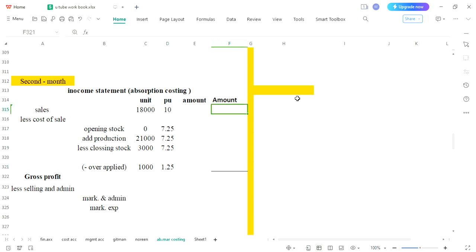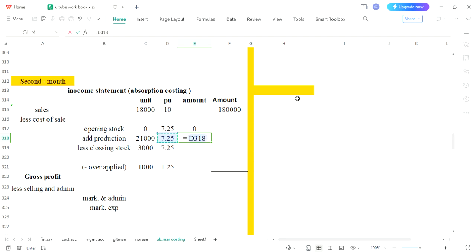We are now ready to calculate amounts, and amounts are calculated by multiplying units and per unit. Units sold 18,000, and per unit sale is 10. We have got the amount of sales, and then opening stock, number of units multiplied by per unit, and this procedure is repeated the same.